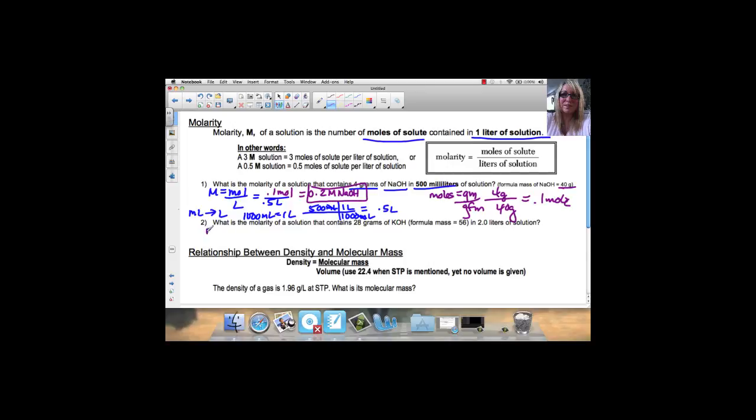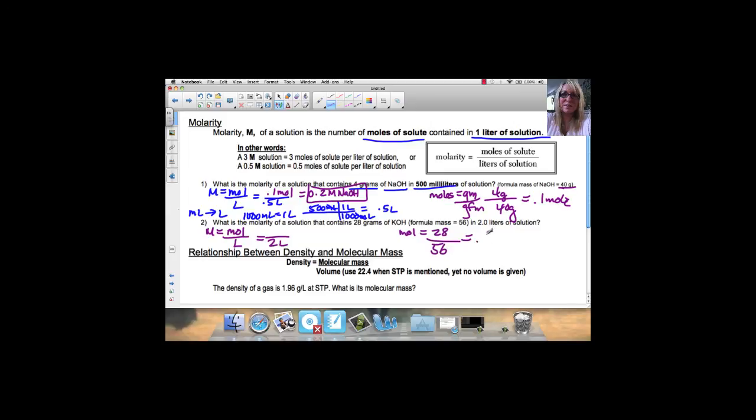So what is the molarity of a solution that contains 28 grams of KOH in 2 liters of solution? So I have my 2 liters. I don't have to change between milliliters and liters. I don't have my moles, but I know moles is equal to given mass, which is 28, divided by GFM, which they gave me is 56.